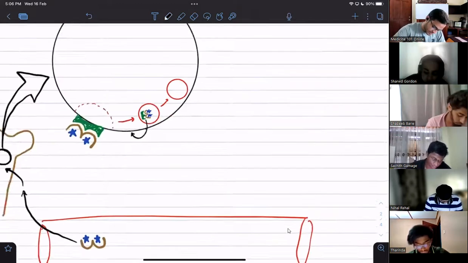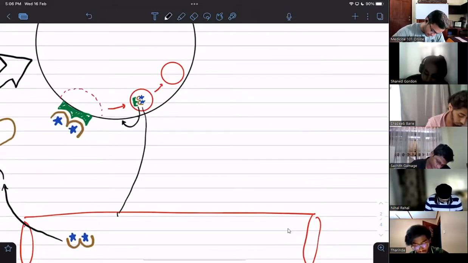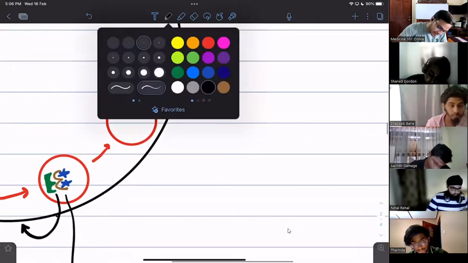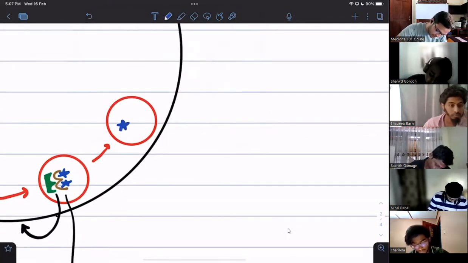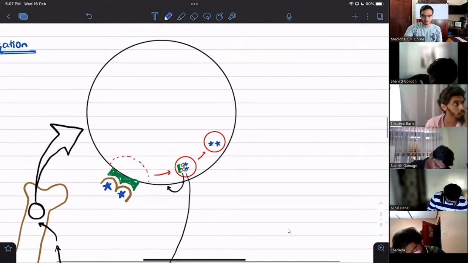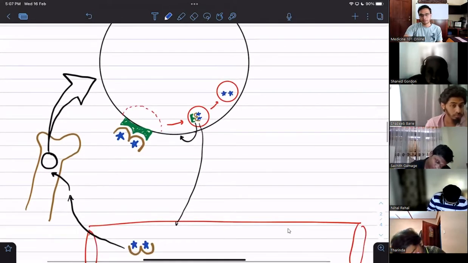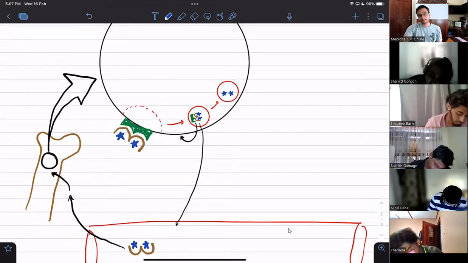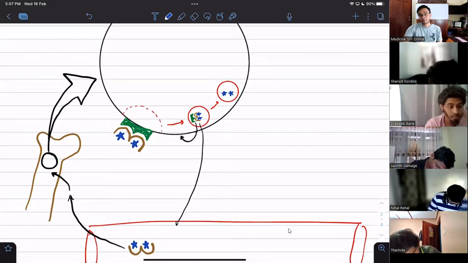And the transferrin will be brought back into the blood to bring more iron. So what is remaining here? Our ferric ions. Ferric ions will remain in this, right? The receptor will be re-expressed on the erythroblast and the transferrin will be put back into the blood, right? To bring more iron, right?